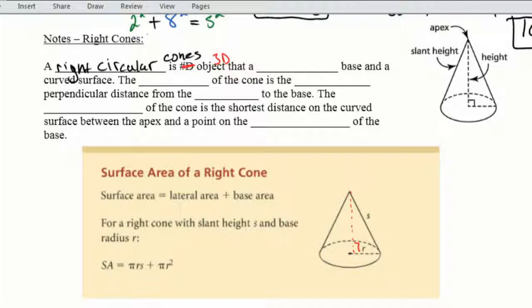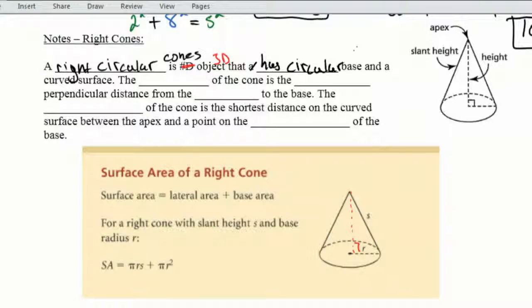So there's a picture of a cone on the side and down below. So these cones have a circular base and a curved surface.